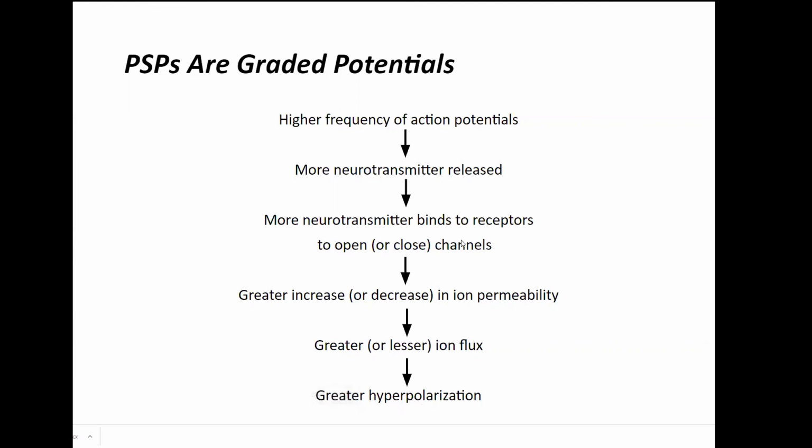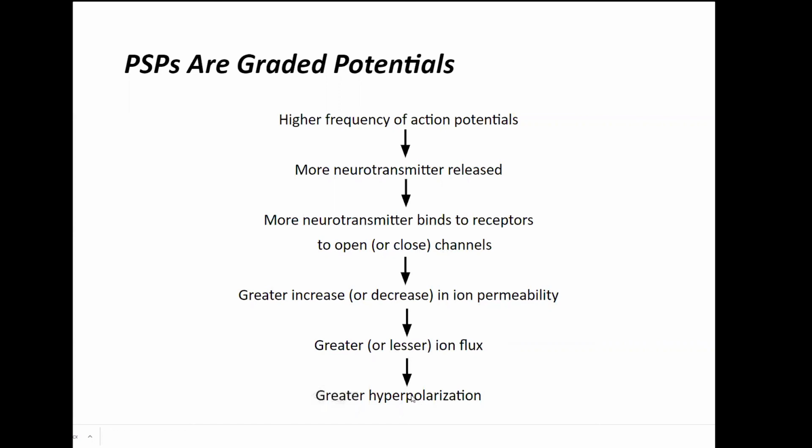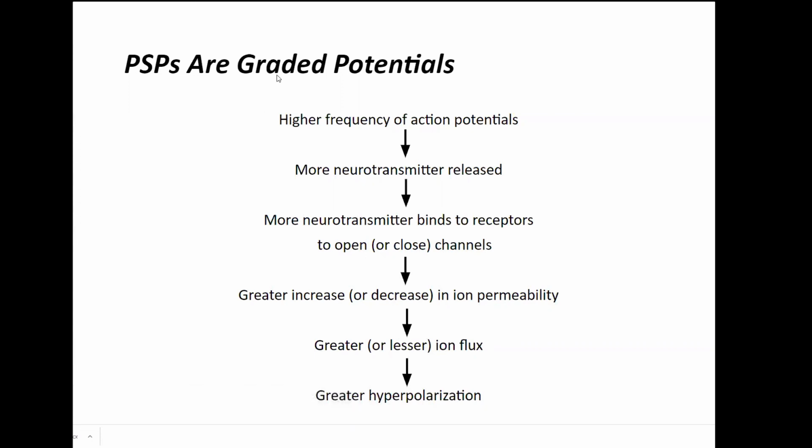If we close a sodium channel, we decrease sodium ion permeability, which means we decrease sodium ion flux, which could also lead us to hyperpolarization. So you can track different ions using these. You could also track ions leading to depolarization. I don't want you to think that every postsynaptic potential is hyperpolarizing. It just depends on which one you're tracking, whether you're opening or closing channels.